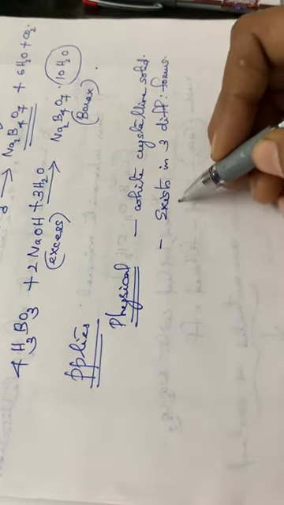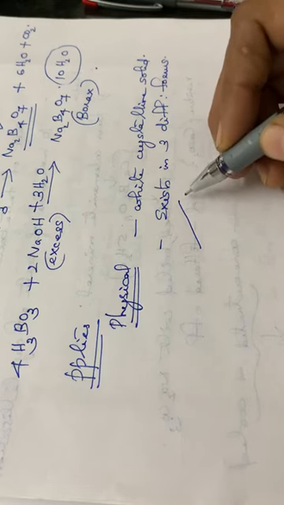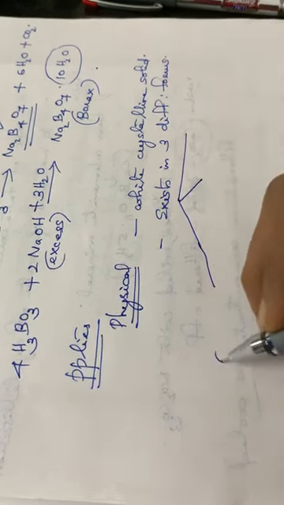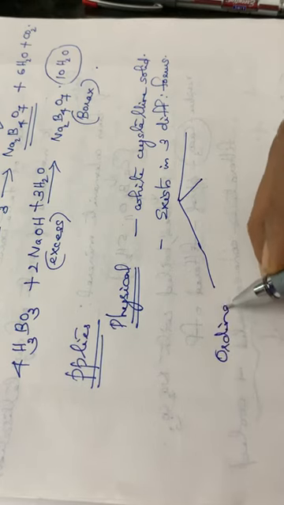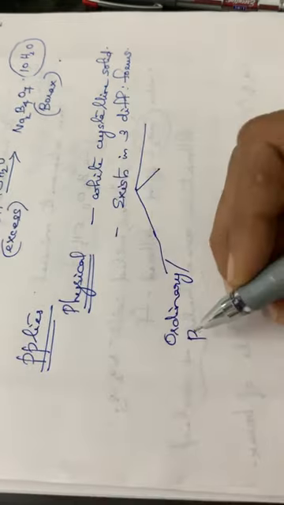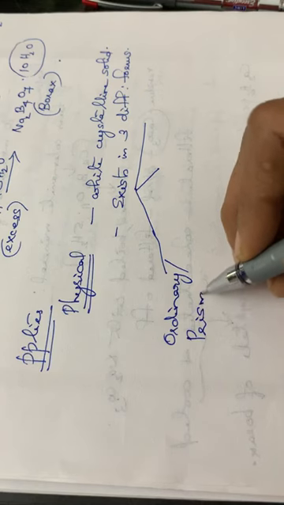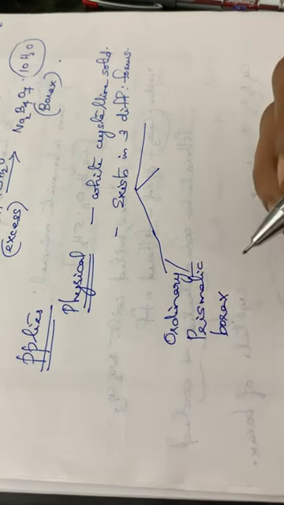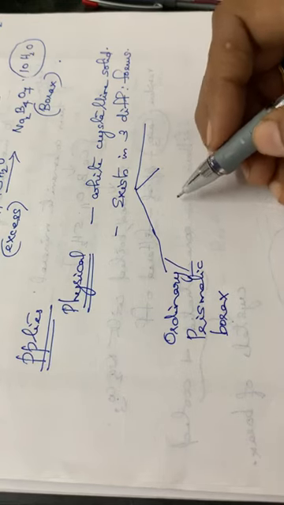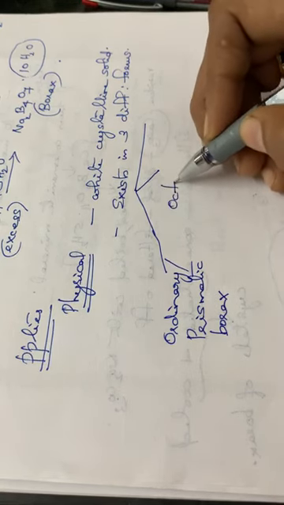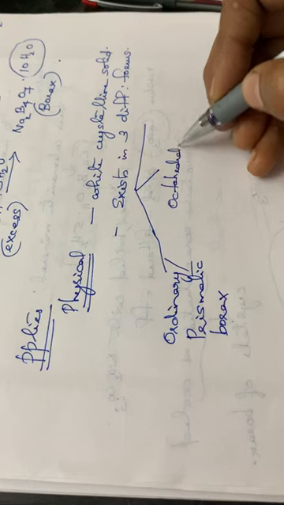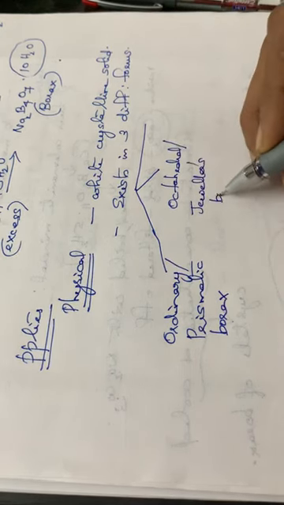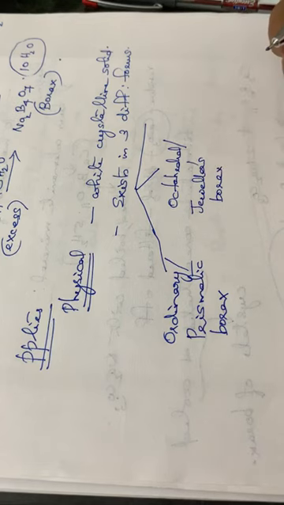The first form is ordinary or prismatic borax. The second one is the octahedral or jeweller's borax.